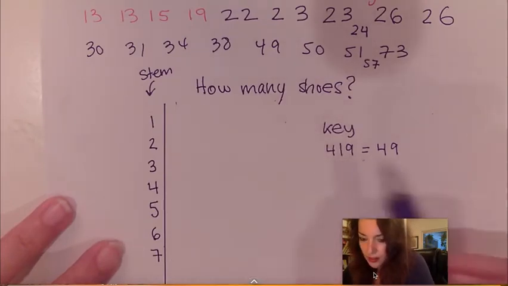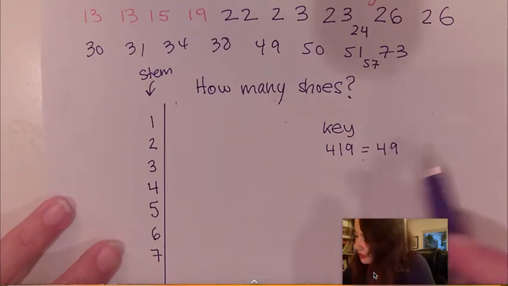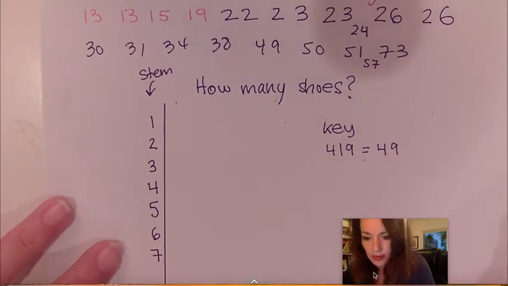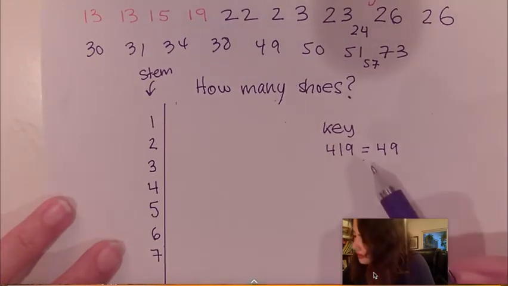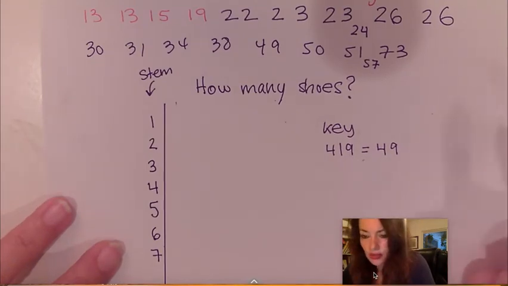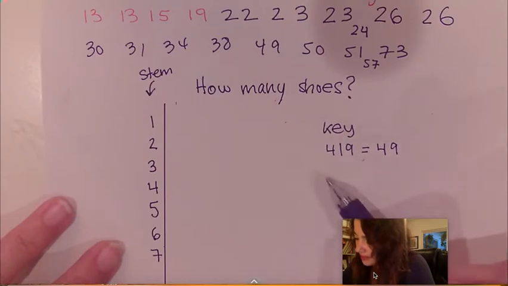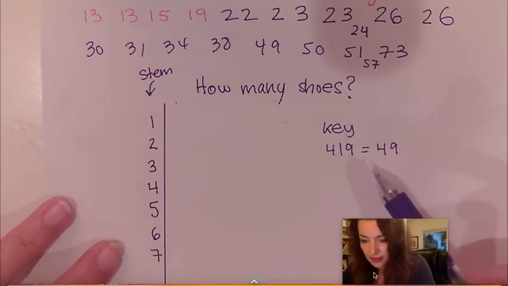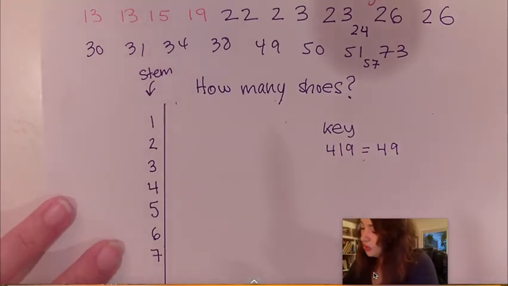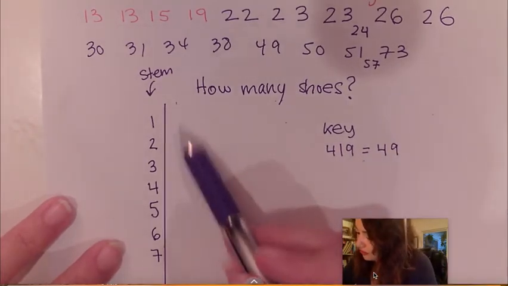So let's say my data had decimals like 4.1, 4.3, then I would need to show on my key that 4|9 could represent 4.9. Let's say my data had numbers in the hundreds, so I would need to show my key as maybe 10|0 represents 100. So only the last digit goes in your leaf.